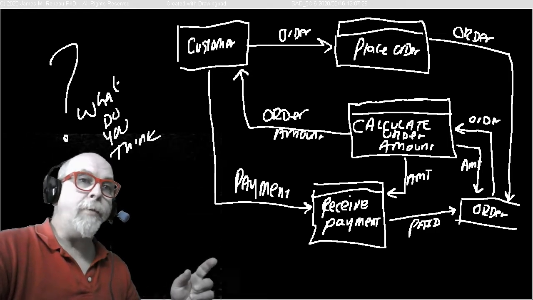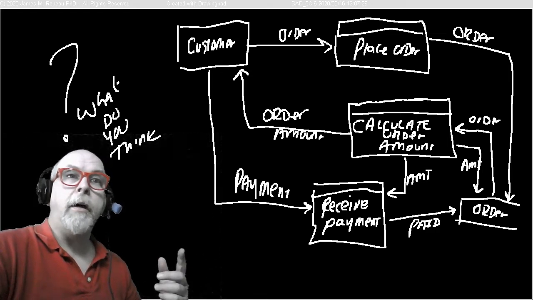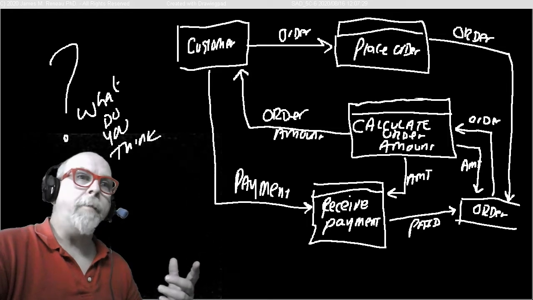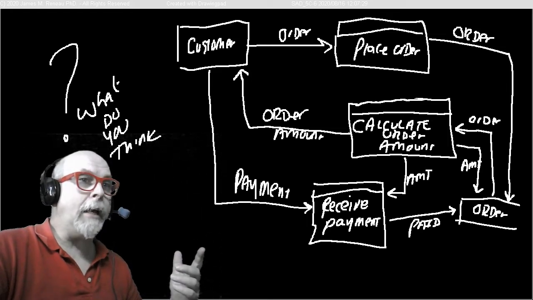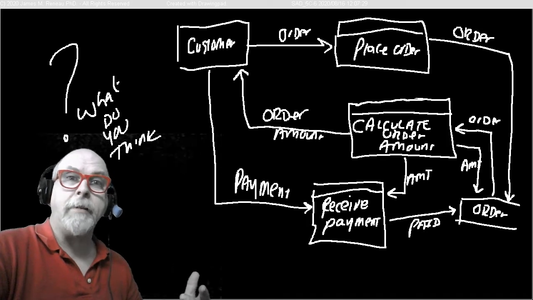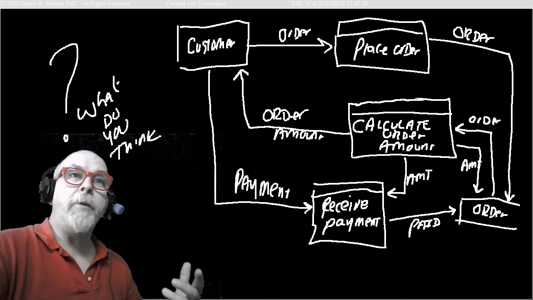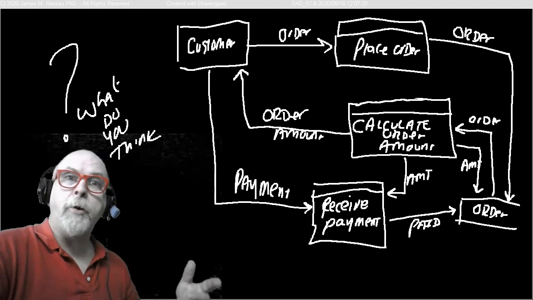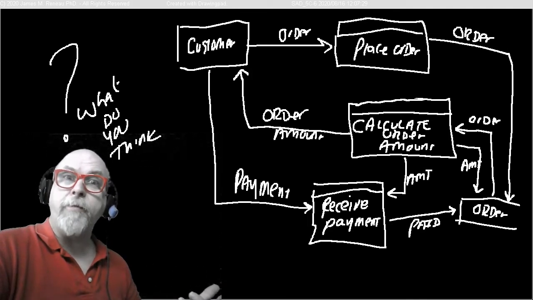It would send that order amount up to the customer. Now, I also say that calculate order amount would send that amount to the receive payment process, so that the receive payment process knows how much to receive from the customer.